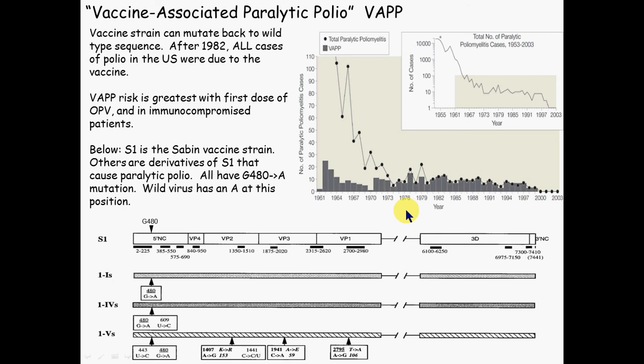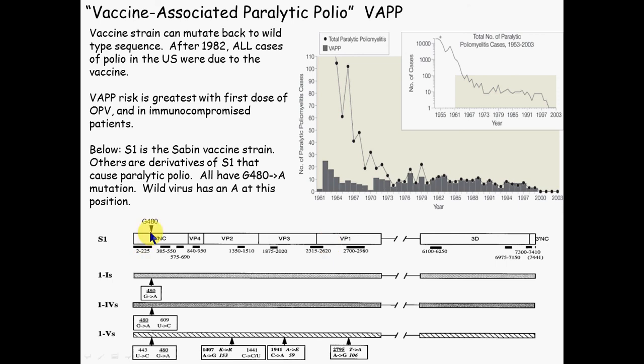How does it do that? Well, I didn't draw this very well. This line here is a genetic map of poliovirus. If you think back to the few slides we had on poliovirus, the VP4 and VP2 and 3 and 1 and yada yada, these are all genes in polio.